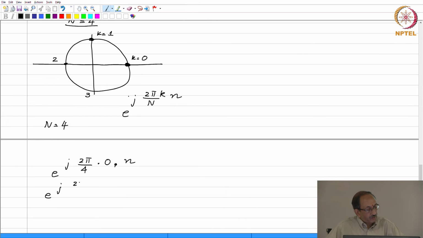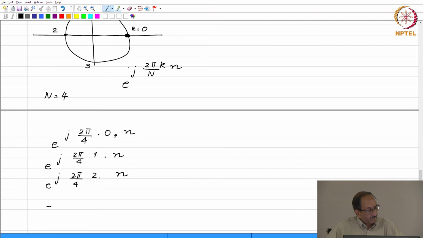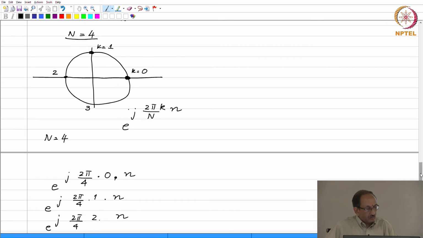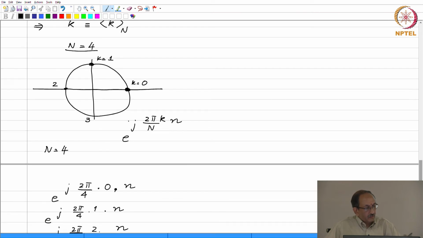Then e to the j 2 pi by 4, k is 1 times n, 2 times n, and then e to the j 2 pi by 4, 3 times n. So, these are the 4 distinct exponentials that are possible here.